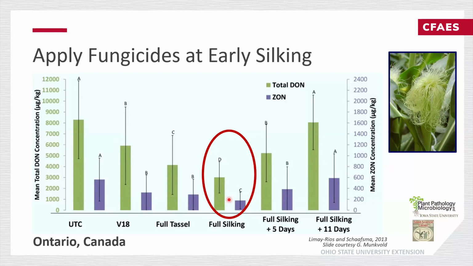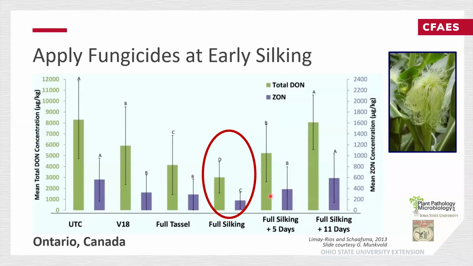So if you're asking yourself whether it's better to be late versus early, if you can't hit that full silking, what this study and others that have been repeated have showed pretty consistently is it's better to err on the earlier side. So if we are at full tassel, we can still see really great DON control.